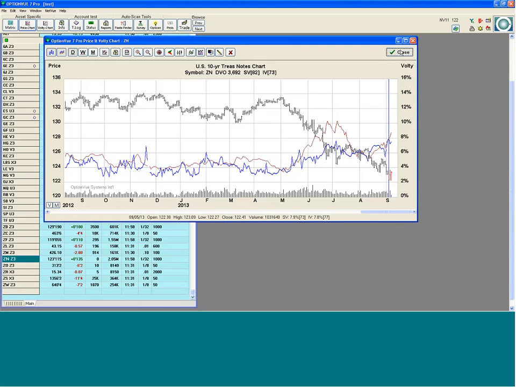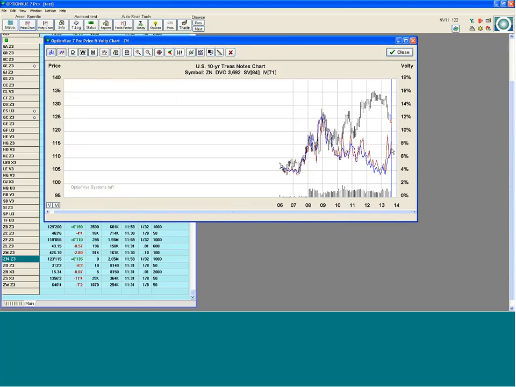10-year notes are a very interesting market to trade because look at what the blue implied volatility line has done. It's right near the high end of the range. And even when you look at the weekly or the monthly, look at how high we've seen implied volatility move. It was way down, only 3.4% at the end of April.